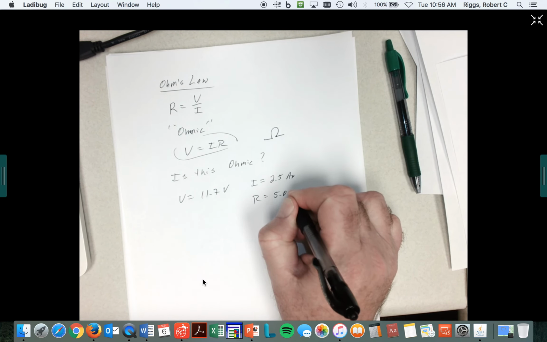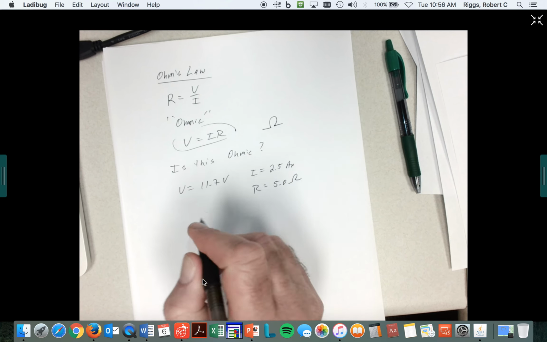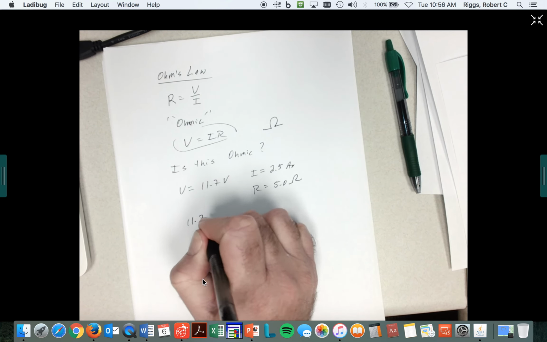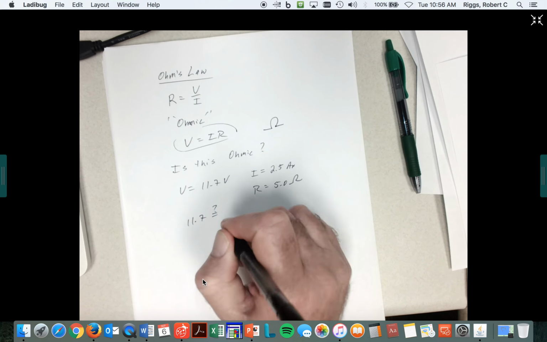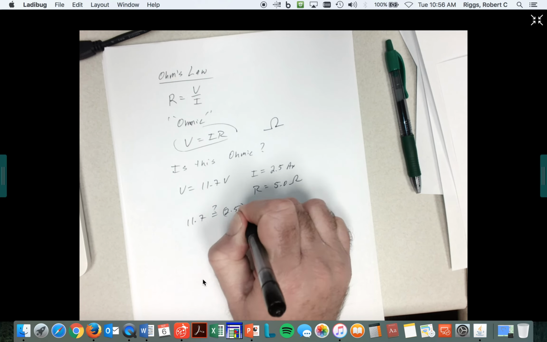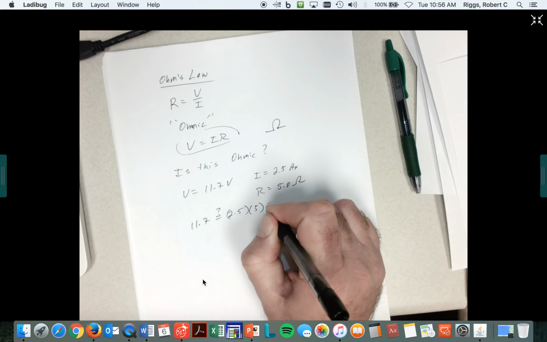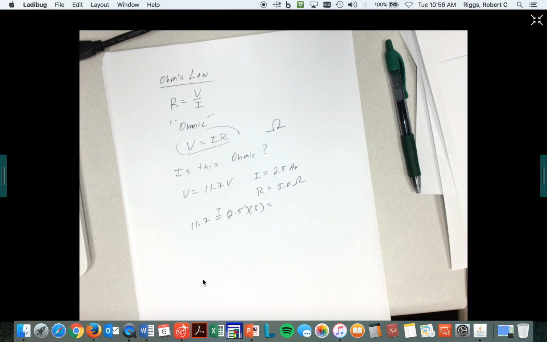When I plug this in, is 11.7 equal to 2.5 times 5? No, because 2.5 times 5 is 12.5. I shouldn't make these up.